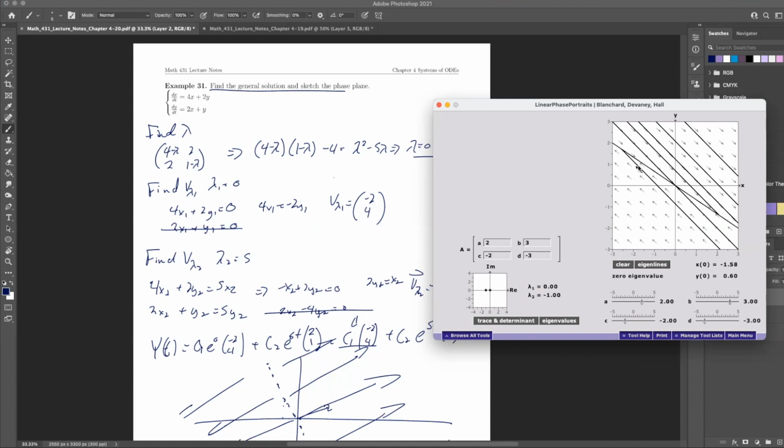So whatever the 0 vector is, you're going to draw a little line of equilibrium points, dots. And then whatever your other vector is, you're going to just draw that in right here. And notice how this is negative, so it's pointing in. And then every line is going to be parallel to it until it crashes into the equilibrium line.